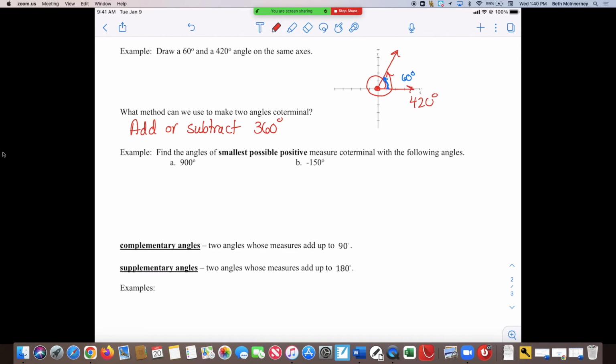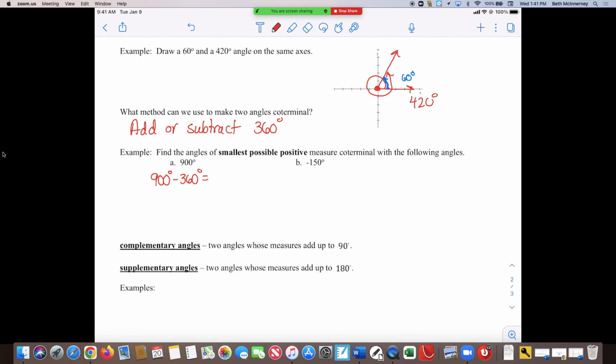So the next example says, find the angles of smallest positive measures that are coterminal with the following angles. So if I have 900, I don't want to add 360. That's going to get bigger and bigger and bigger. I want a coterminal angle that's smaller, but not negative. So watch what we're going to do. I'm going to take 900 degrees and subtract 360.